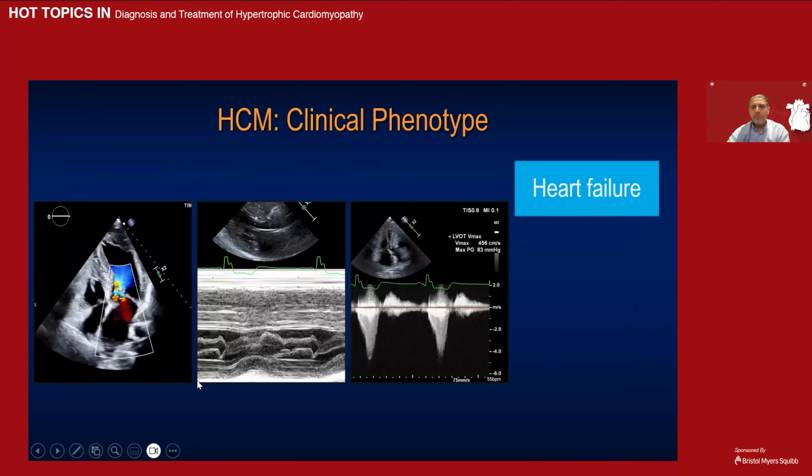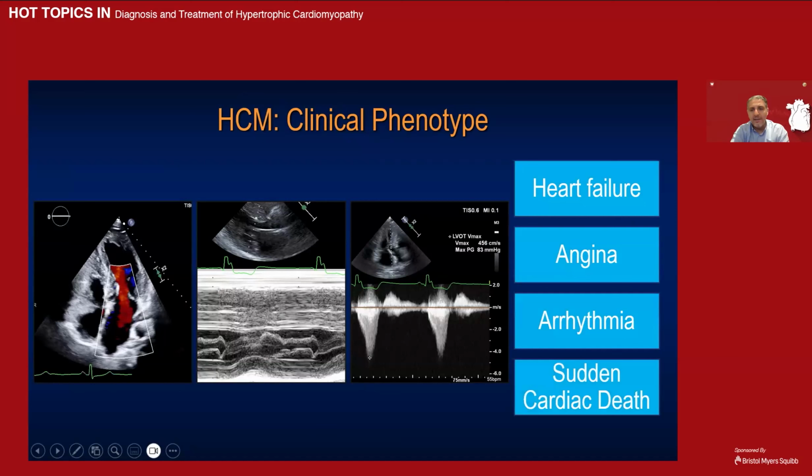What they tend to present with is heart failure, either from impaired cardiac output and LVOT obstruction, or in advanced cases from impaired contractile function. They can have angina due to a variety of mechanisms that have been described. They are at risk for arrhythmias, atrial fibrillation being the predominant form, and sometimes they can have fatal arrhythmias that can lead to sudden cardiac death and increased risk of mortality.